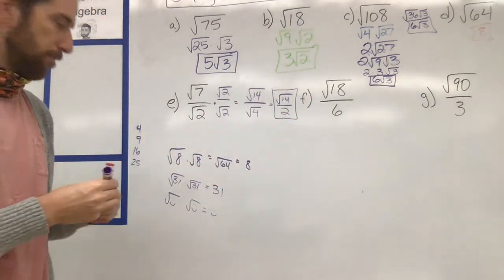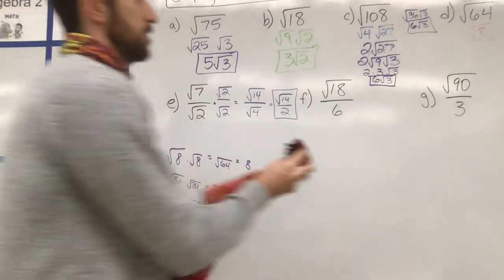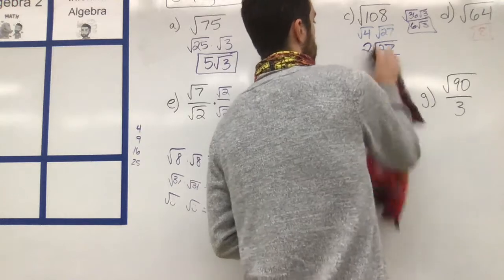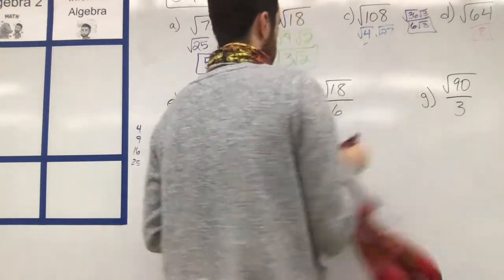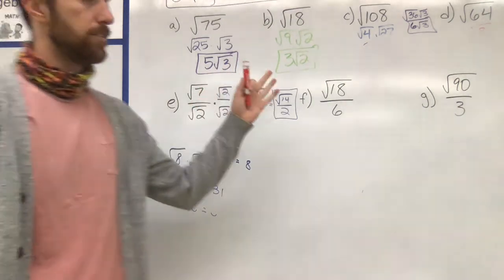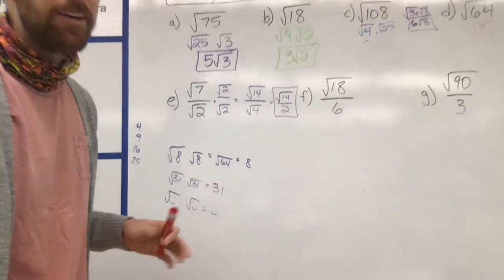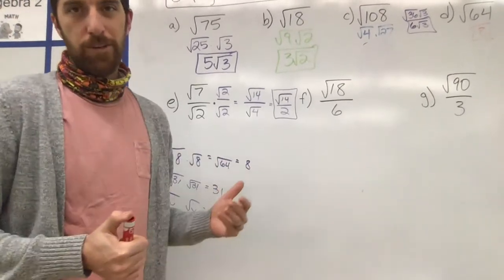Look at F. I gotta make a little room here with my 6 root 3 stuff. Root 18 over 6. Now, it is fine if you have a radical in the numerator. That's all good. It's all gravy. But there are perfect squares in 18.